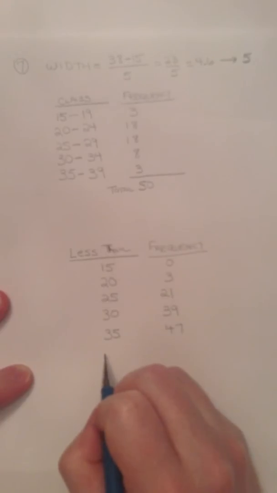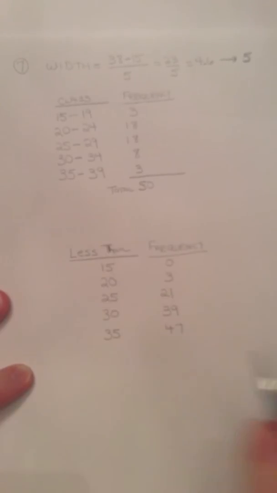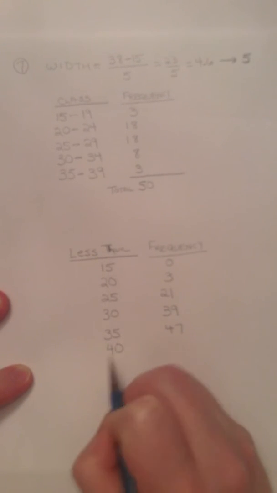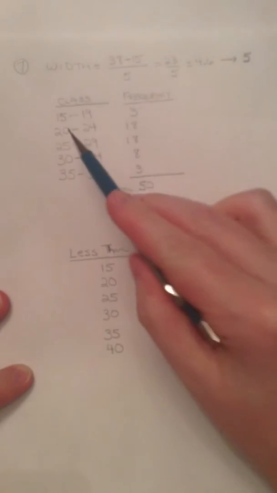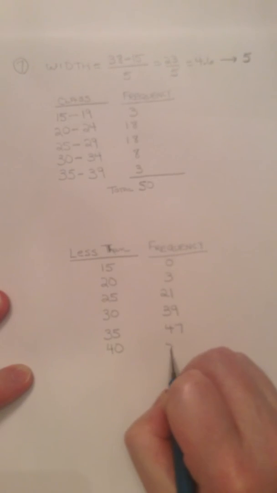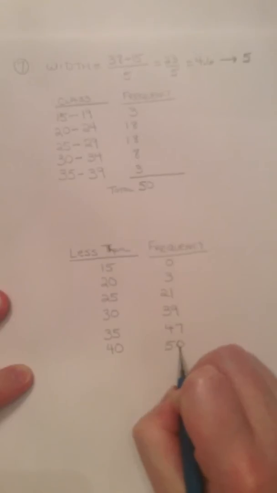And then for the next less than, you'll be adding in one more lower class limit, in this case 40, so as to cover everything between 15 and 39, where we have all 50 data components represented.